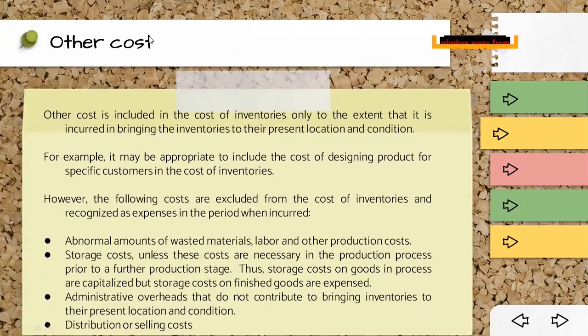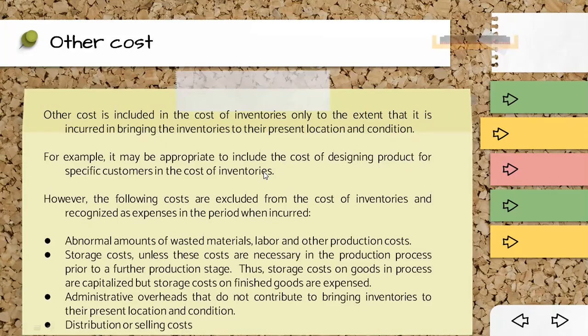So last, yung other cost natin. So other cost is included in the cost of inventories only to the extent that it is incurred in bringing the inventories to their present location and condition. So example, it may be appropriate to include the cost of designing the product for specific customers in the cost of inventories.